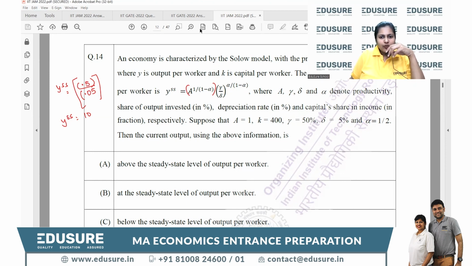Now the current output is just y, which is root k. K is 400 and the root of that is going to be 20. So current output is 20, but our steady state output is 10. So the current output is above the steady state level of output per worker. So the answer should be A.